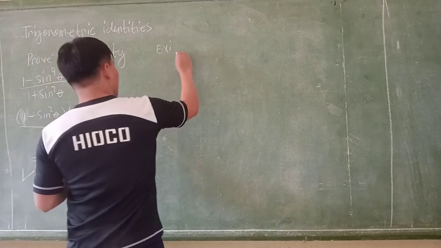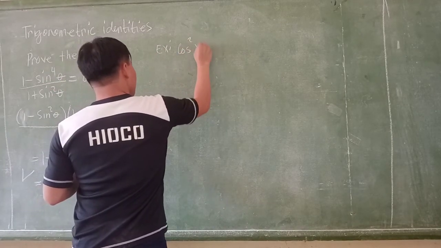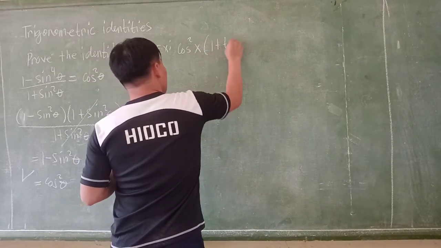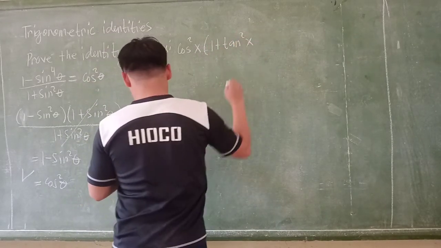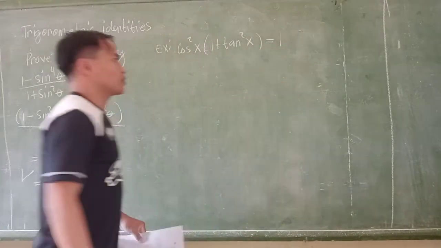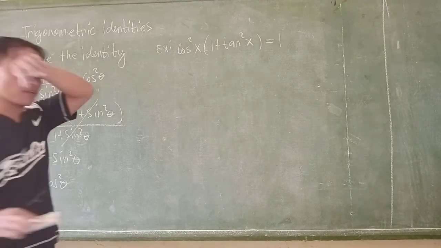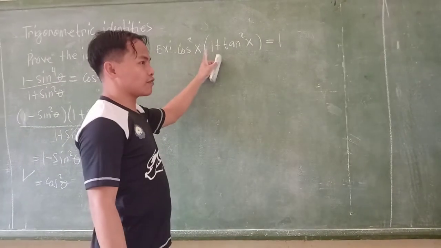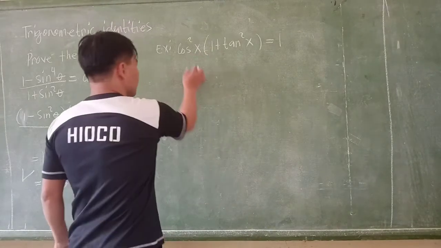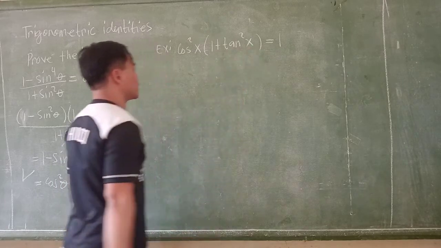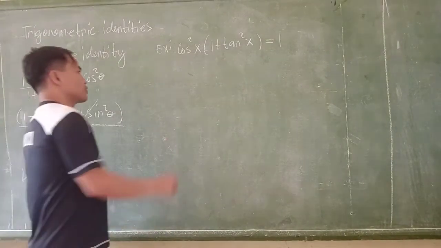We have here cos squared of x times 1 plus tan squared of x, okay, is equal to 1. So we want to prove that this given equation if they are really an identity, no? Cos squared x multiplied by the quantity of 1 plus tan squared x is equal to 1. Okay? So, solution.